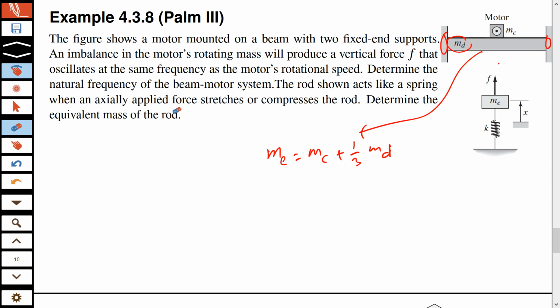The rod shown acts like a spring when an axially applied force stretches or compresses the rod. So here you see that the natural frequency is simply equal to square root of k over ME.